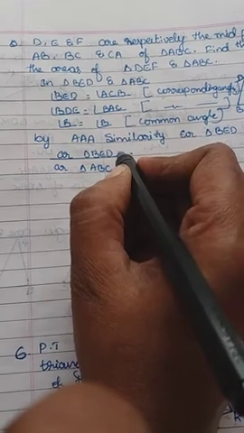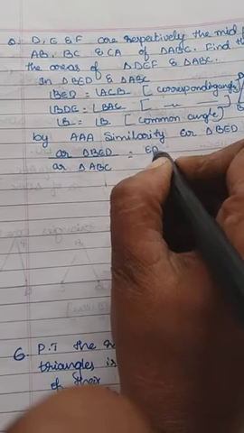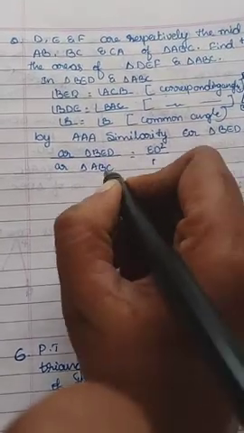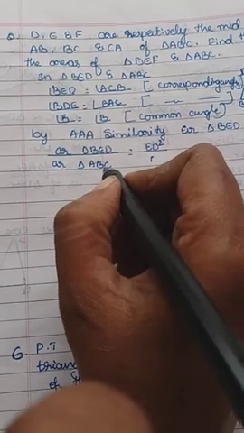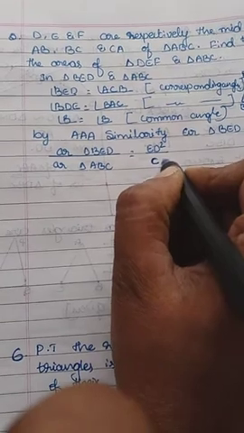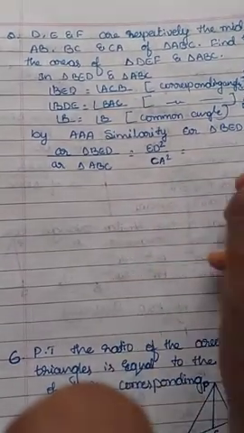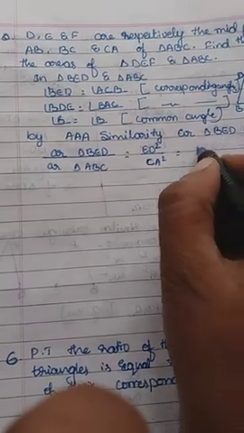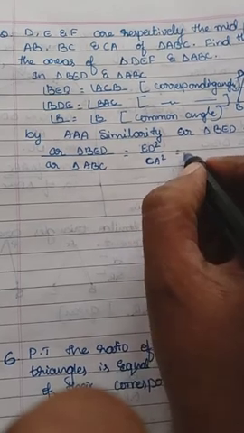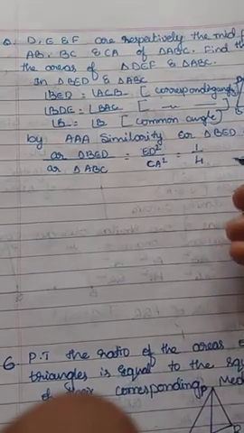Here I am taking the last, ED square or DE square, both are the same, equal to BC square, or anything we can take, or CA square. So DE divided by CA, whole square, equals what? 1 divided by 4. Why should it be?